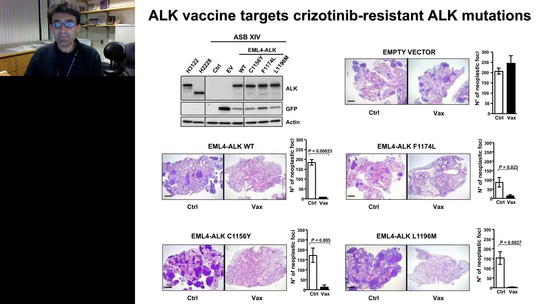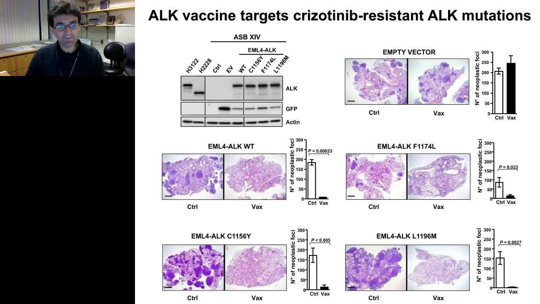So in tumors vaccinated with either control or ALK vaccine, if we were injecting cells without the expression of ALK, so these are S14 cells just transduced with the empty GFP positive vector, so there is no ALK in these cells, and either control mice or ALK vaccinated mice, you see there was no difference, of course, because the antigen is missing from the cells. So now there is no difference between control and vaccinated.